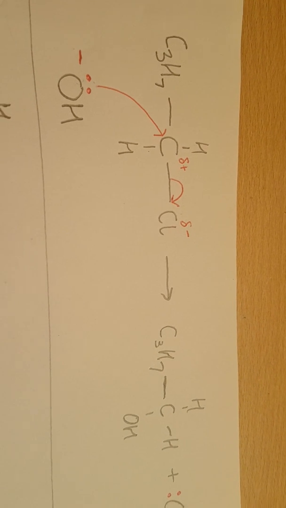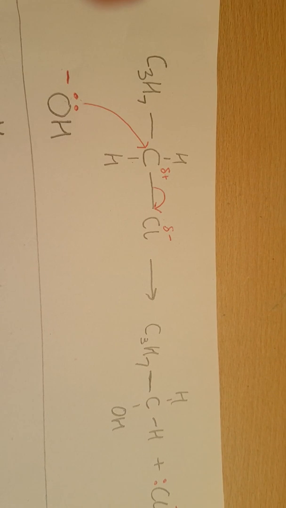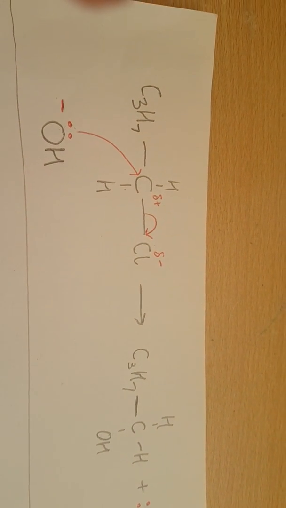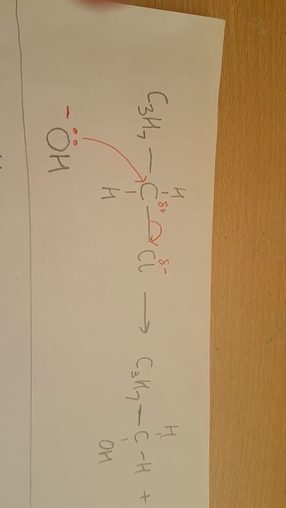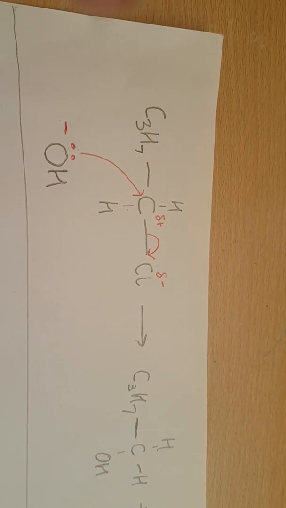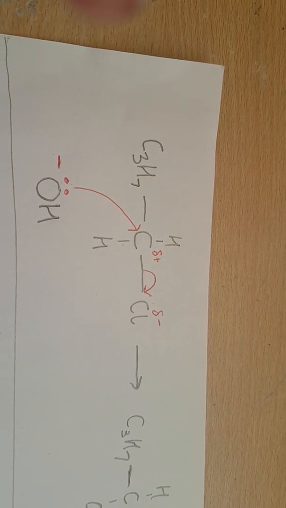Right, the third task involves a look at this reaction, which is called the hydrolysis of haloalkanes. In this case, we've got the hydrolysis of chlorobutane. Hopefully this mechanism is familiar to you. Note how I've been careful.